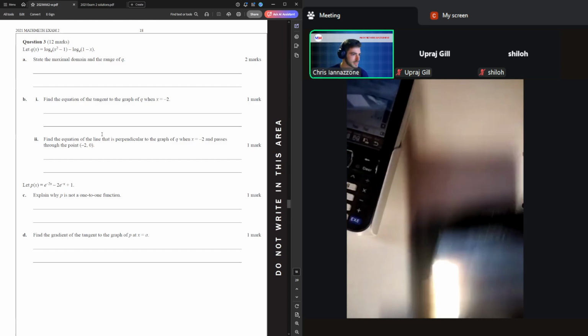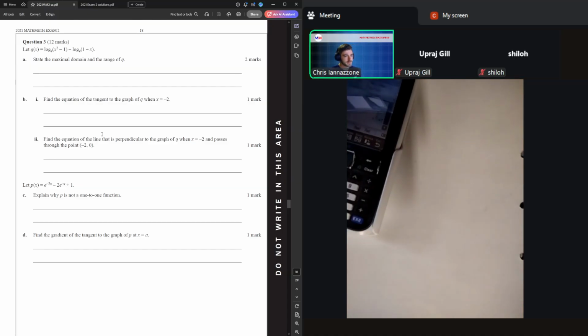Part II, perpendicular at the same spot, but it's also got to pass through the point -2, 0. That's weird. I don't think that even matters. The whole passes through -2, 0. Why would that matter?